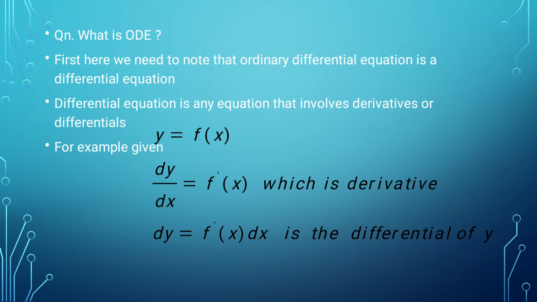Then if we multiply both sides by dx, we get dy equal to the first derivative of f times dx, which is now called a differential of y. So dy/dx is a derivative, and dy is a differential of y. I think you can get that difference clearly.